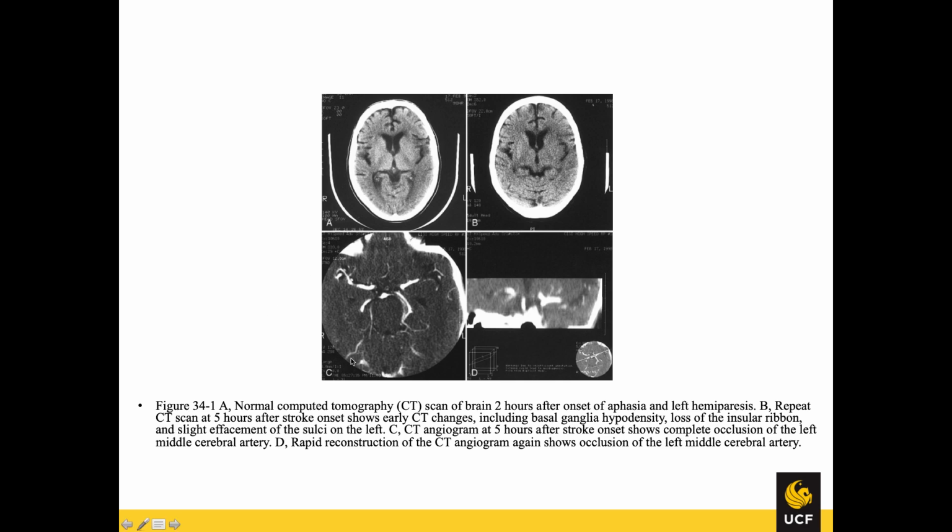In C, you're getting a CTA 5 hours after stroke, showing a complete occlusion of the left middle cerebral artery. And in D, you're getting rapid reconstruction of the CTA, again showing occlusion of the left middle cerebral artery.